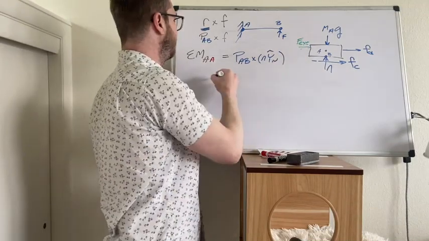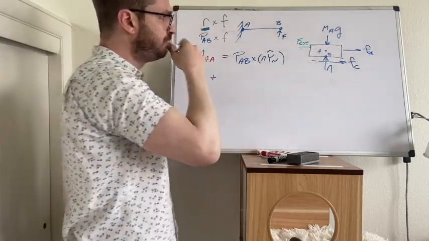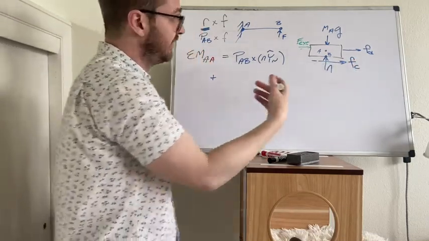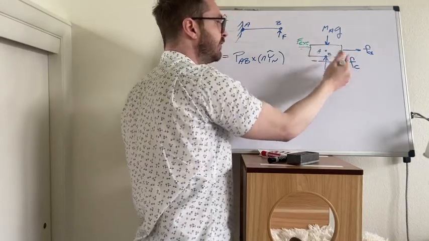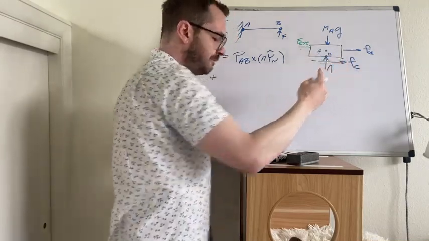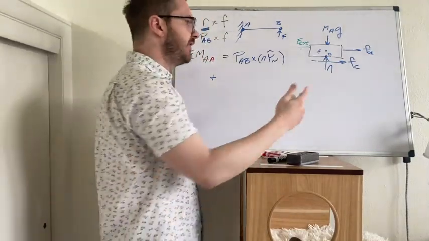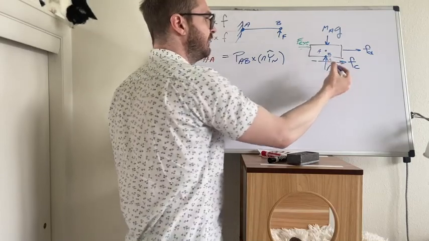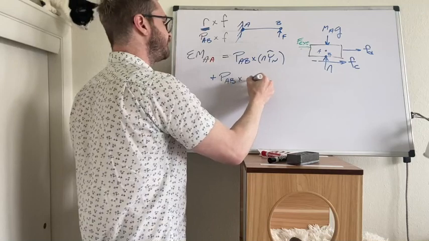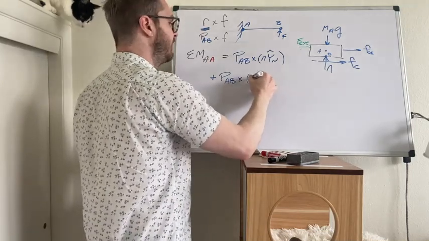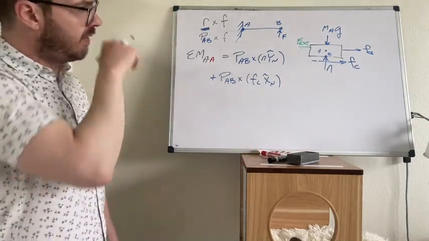Next, let's finish this off. So we've got this Coulomb friction on bottom. Again, it's a question of where this friction acts, right? Because it's acting at the surface. Without having some other better information about it, let's just say that the friction force also acts here at this point B. So P_A to B cross, and we're going to say this is Fc in the x hat n direction.